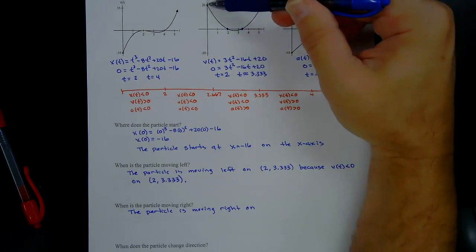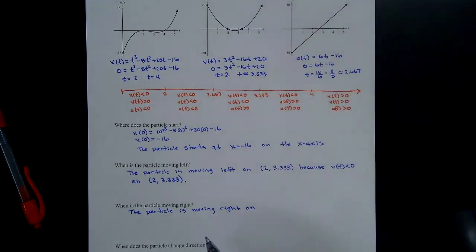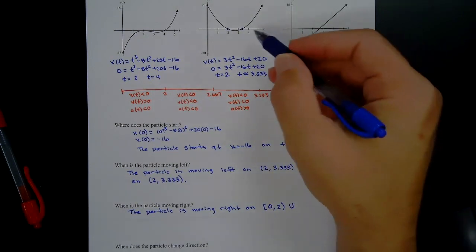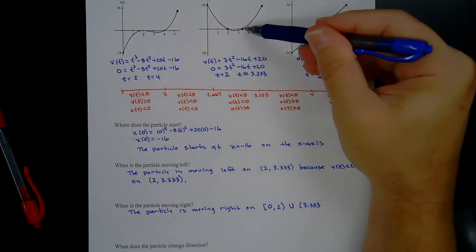Now what about 0? Do we include 0? Yes, because the velocity is positive there. But we don't include 2 because the velocity is 0 there, it's not positive. So it's moving to the right on the interval 0 to 2, including 0 because the velocity is positive at 0, but not 2 because the velocity is 0 at 2. And we could throw in a union, or you could write an "and". Union, and then 3.333, and we're not going to include 3.333 because the velocity is not positive there.